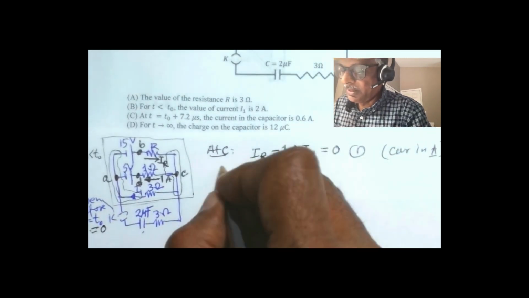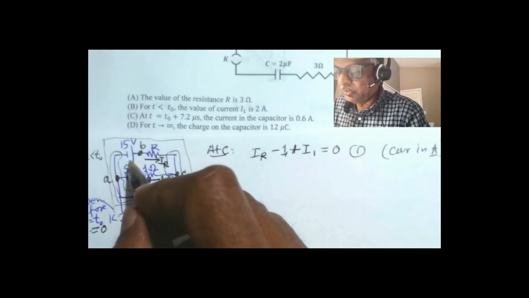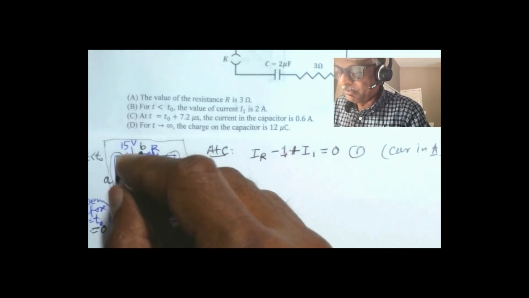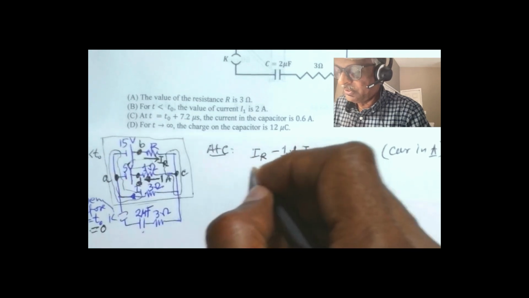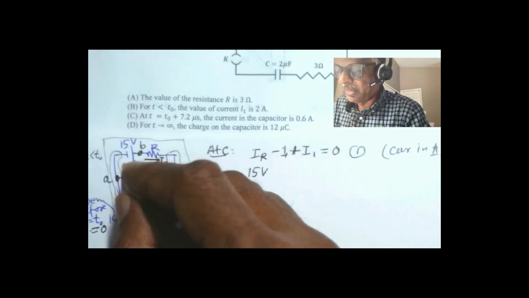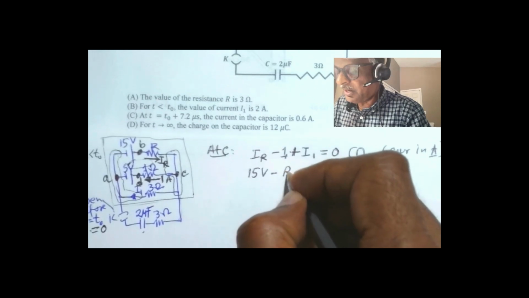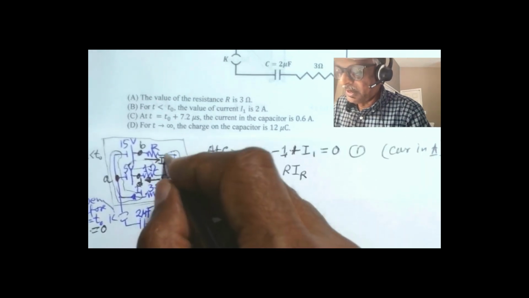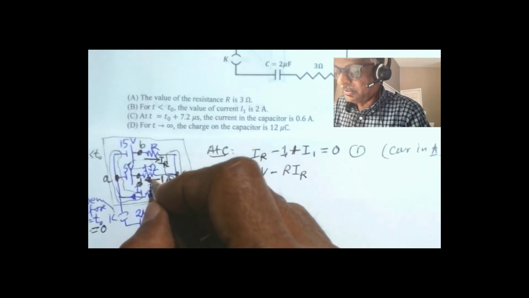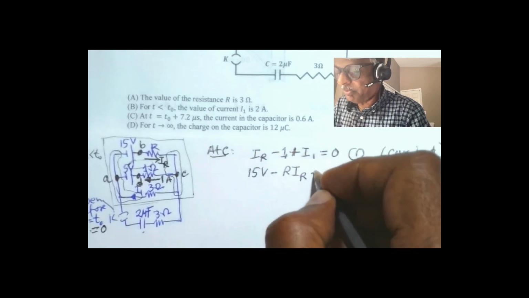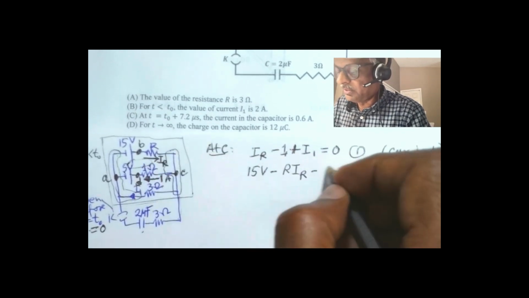All right, and then you can just do one loop like this. From A to B, you get a 15 volt rise, and you go in the same direction, so you're going to drop minus R times IR, and then you're going in the same direction as the current, so you drop 1 times 1.